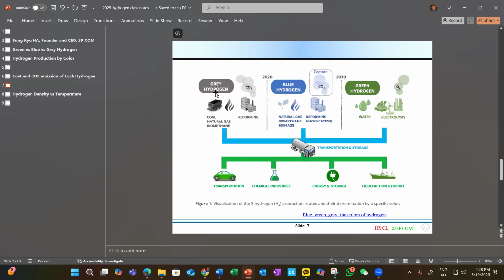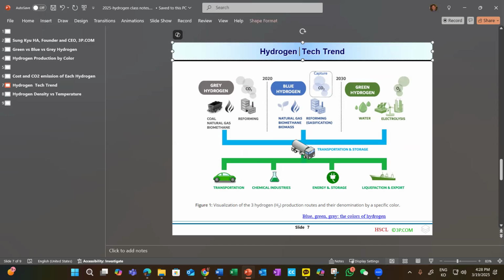Okay. And now this is also important: what's the current trend and what kind of technology are we using for hydrogen generation or production.